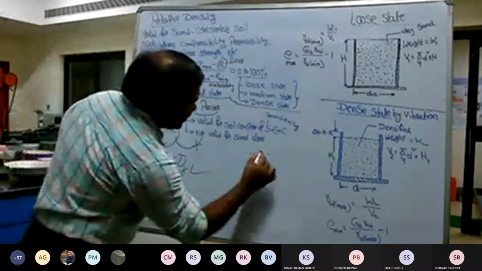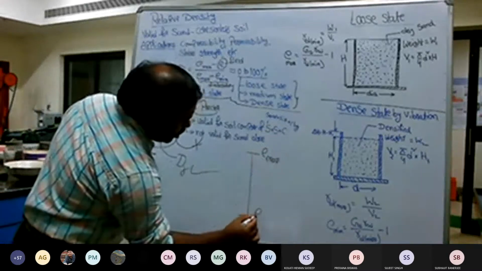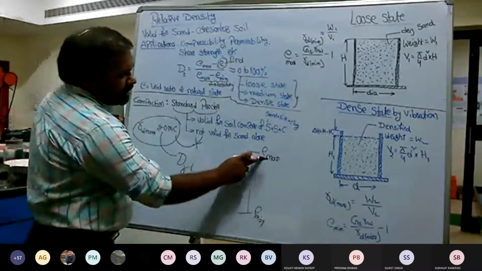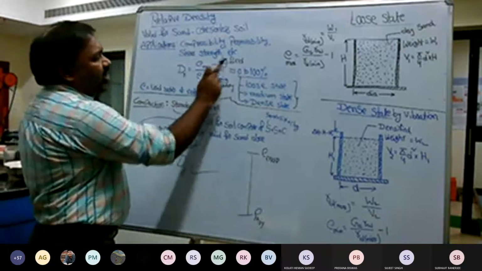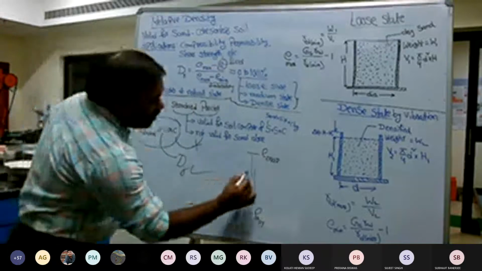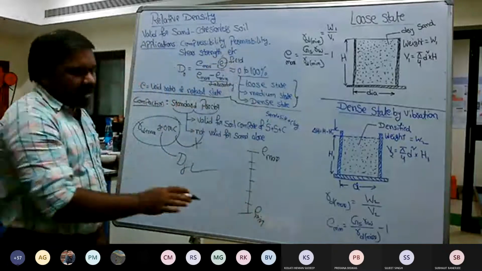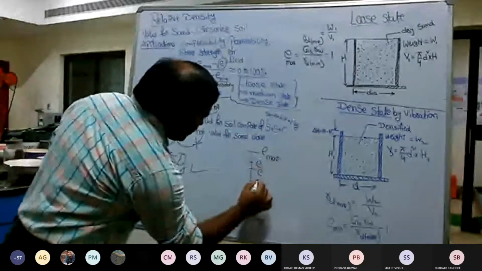This is Emax, and the bottom represents the limit of E minimum. This is the maximum void ratio possible and the minimum void ratio possible. Your E value, that is the field value, always lies in between. It cannot exceed Emax or go below E minimum. So these are all E values.